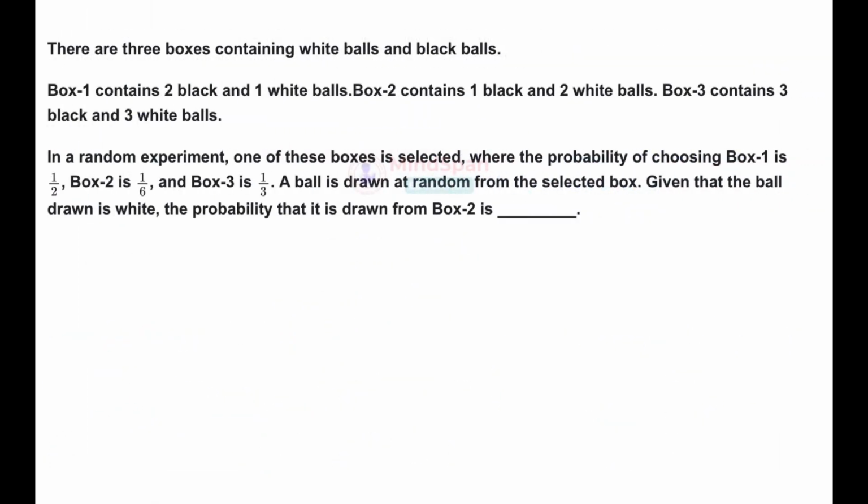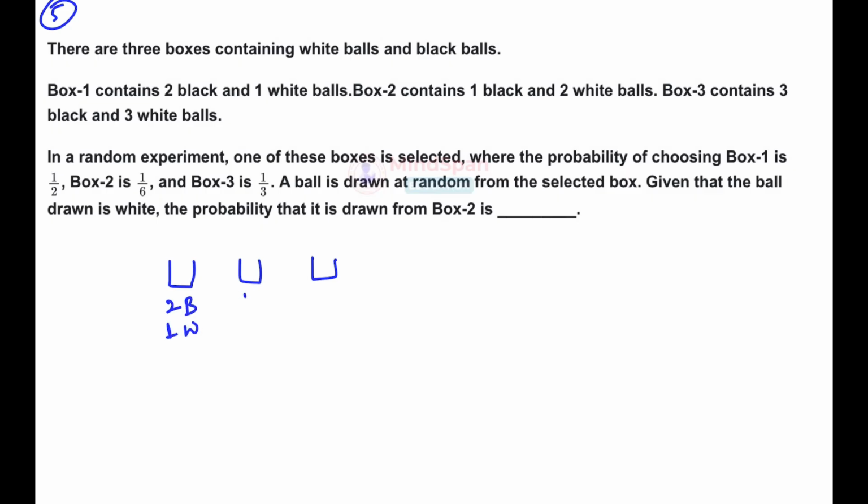Alright, now let's look at this question number 5. All these are questions from the GATE DA 2025 paper. So the question is, there are 3 boxes containing white balls and black balls. We have the 3 boxes, 1, 2 and 3. Box 1 contains 2 black and 1 white.